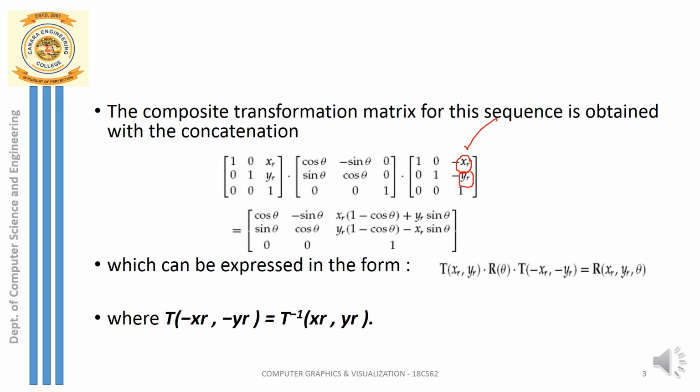After that, now here I am performing the rotation, and since the rotation matrix we have the standard rotation matrix, because here I am rotating the object about origin, that is why I can take the matrix directly: cos theta minus sin theta 0, then sin theta cos theta 0, and then 0 0 1.